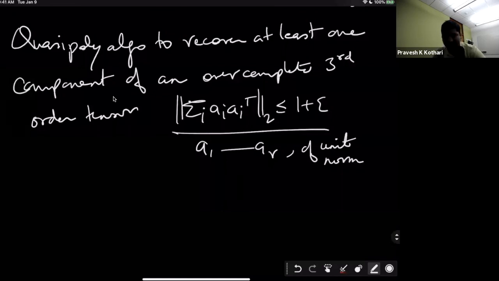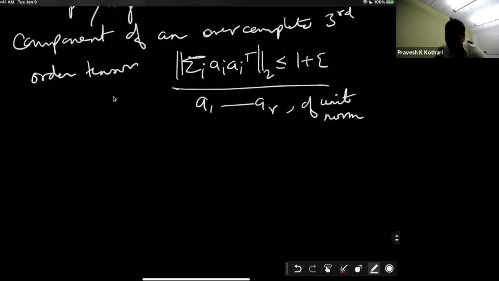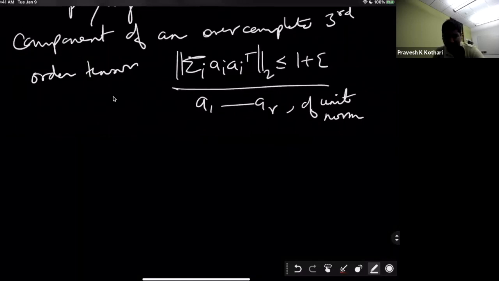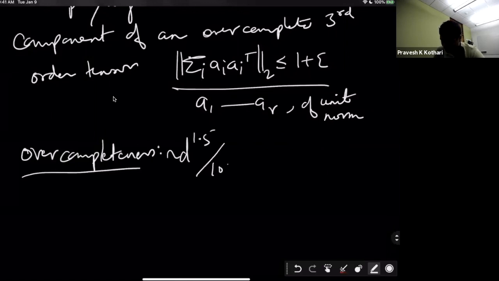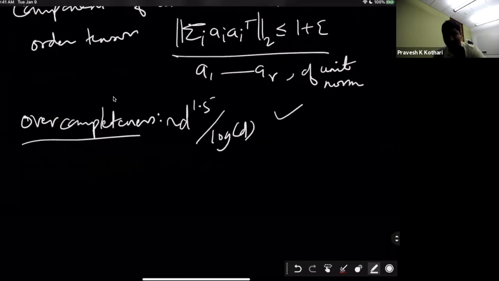It turns out that you can drastically improve all of these results. I did not argue how much overcompleteness we can handle, but you can actually go to overcompleteness d to the 1.5, maybe up to some logarithmic factor loss, number of components. You can also do this not in quasi-polynomial time but in polynomial time.